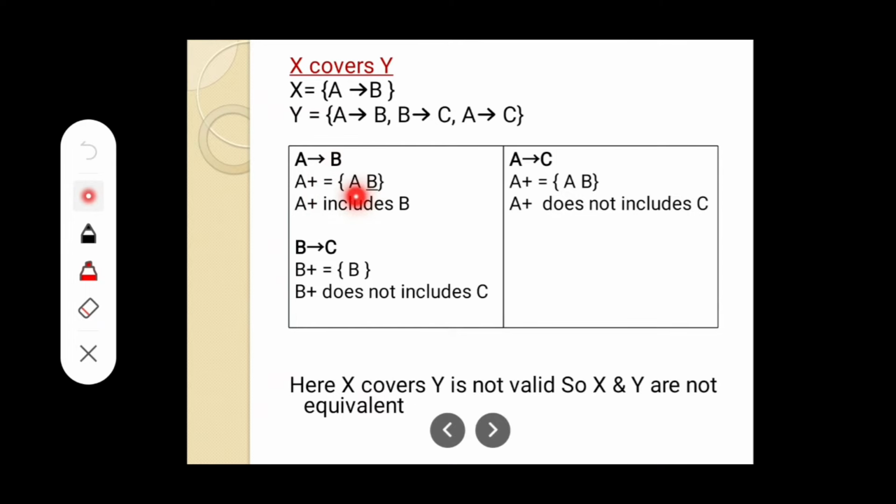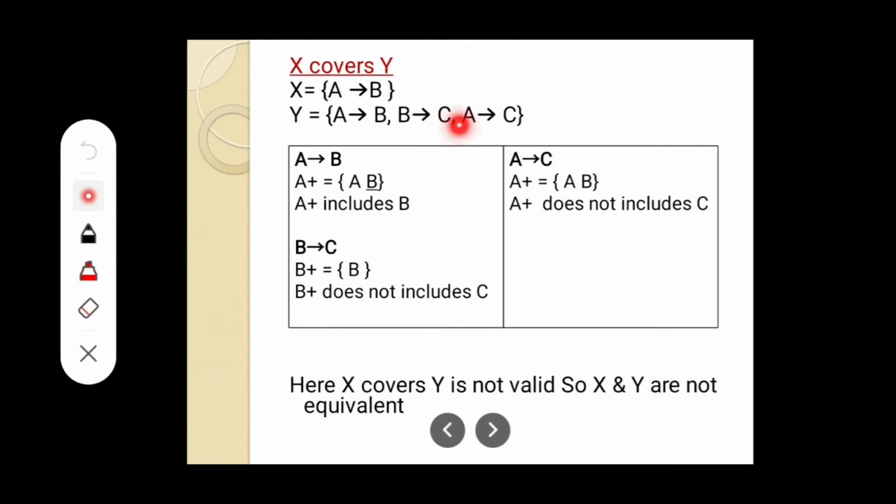The first value is A. Then I will check with this functional dependency of X. Is anything starting with A? Yes, A is determining B. So we can write B here. So A and B are the only attributes here. Clear? So this B is the RHS of this one. Therefore A closure includes B. The condition is satisfied. So A closure contains this B.